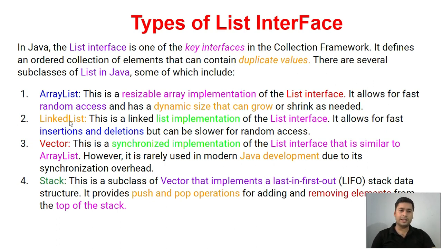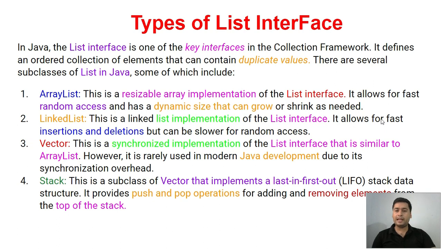There are three types of linked list available in data structures: singly linked list, doubly linked list, and circular linked list. This is the linked list implementation of the List interface.